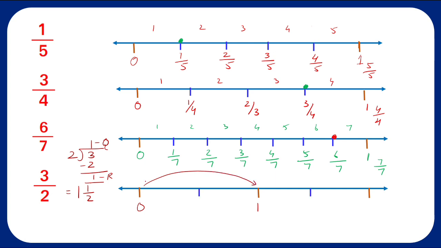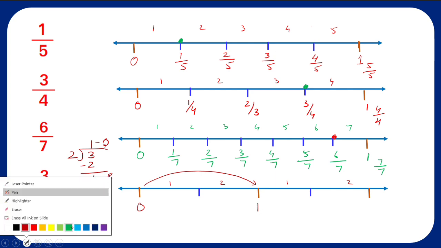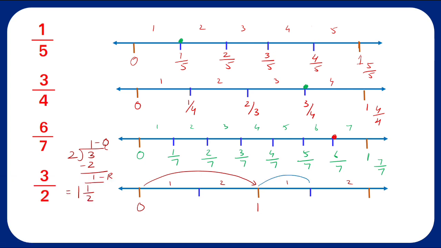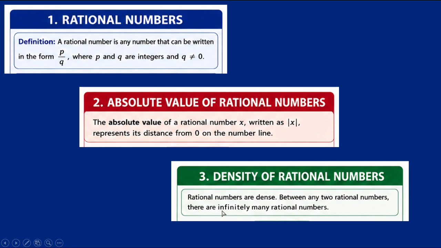Since the denominator is 2, we divide each interval into two equal parts, and there's another half of this interval. So this is represented as 3/2, which is 1 1/2, and as a decimal, it is 1.5, 1 whole and a half of it. I hope the plotting of rational numbers on a number line is clear.